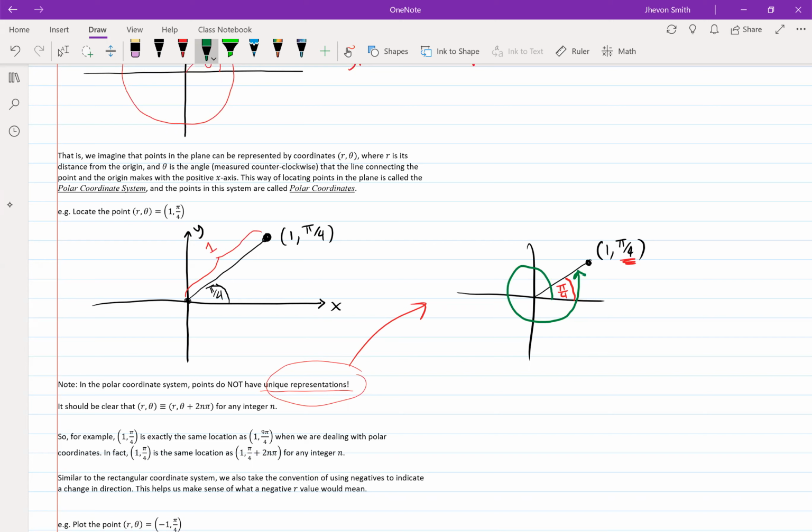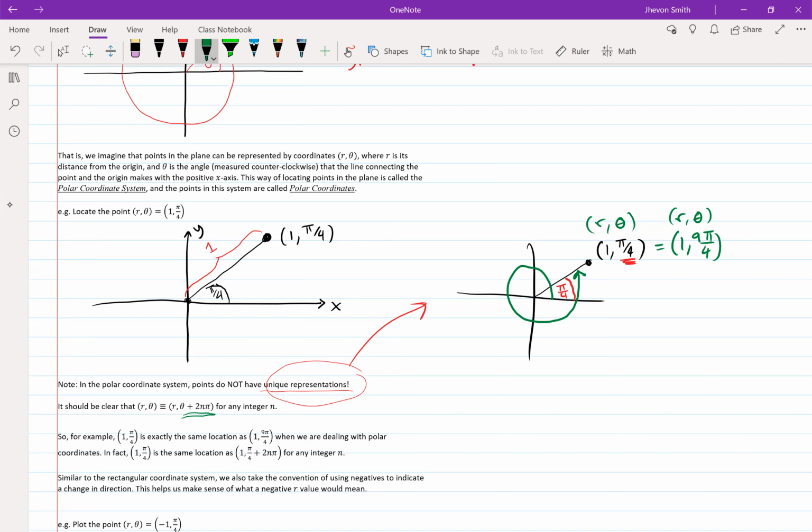And so this is actually the same as, say, 1 comma pi over 4 plus 2 pi, which is 9 pi over 4. These two coordinates, r comma theta, are the same location, right? Even though they have a different representation. And of course, I can keep doing this. So that's what this is talking about here. Every time I add a multiple of 2 pi to a coordinate, I would actually get the same location as long as I don't change my r.